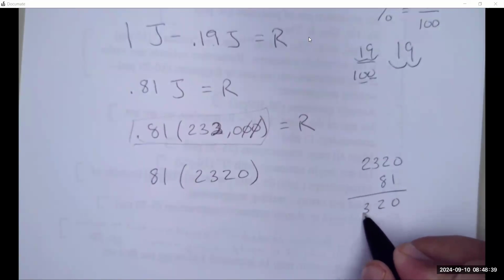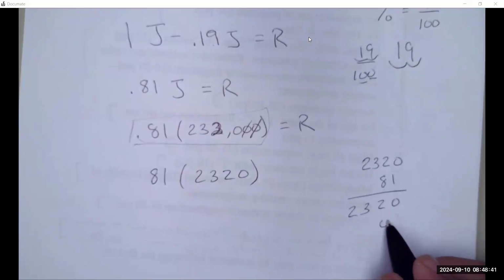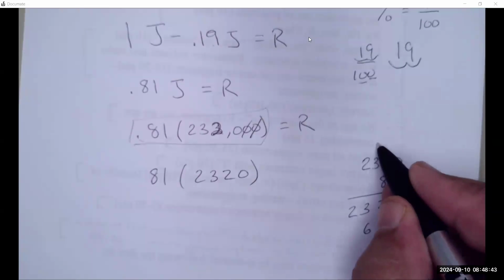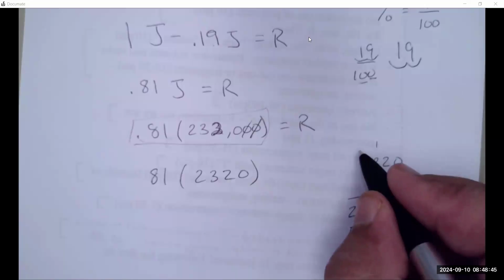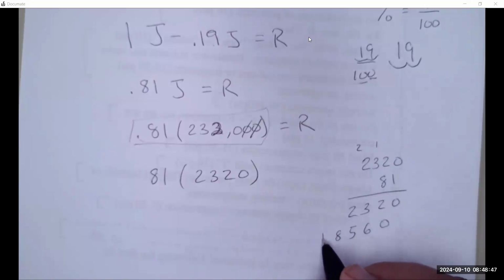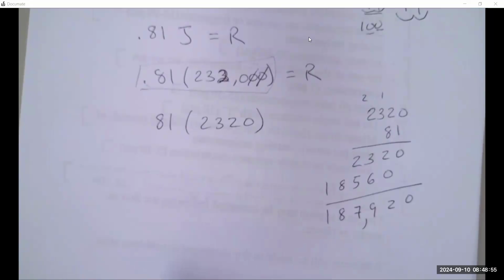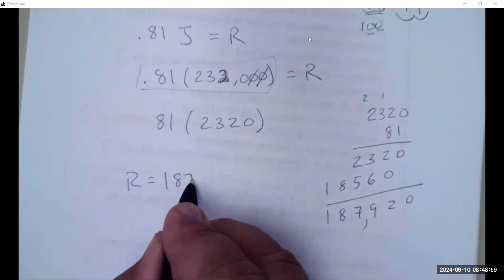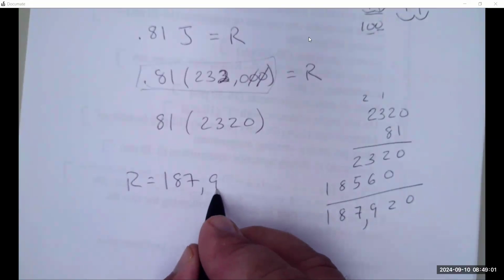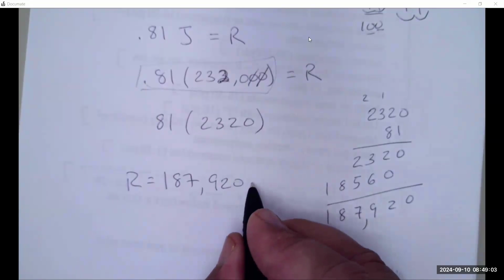So the Russian language has 187,920 words.